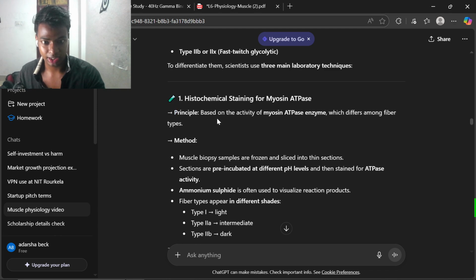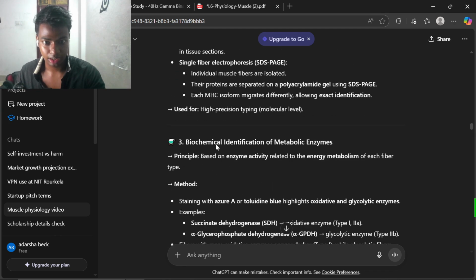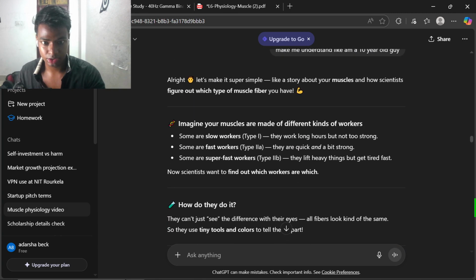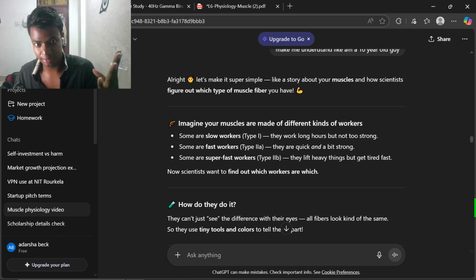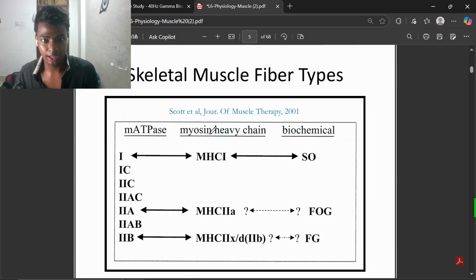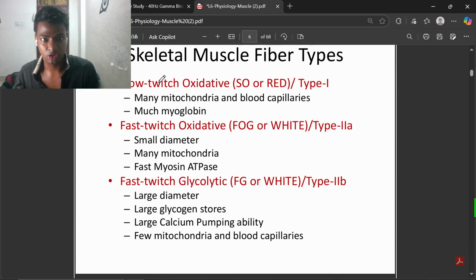First of all, what is the histochemical method? Our muscles have three types of muscle fiber: type 1, type 2A, and type 2B. Type 1 is the slow twitch oxidative fiber.